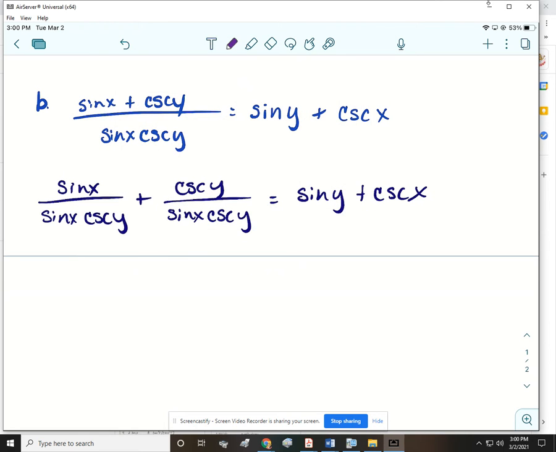Okay, now within each fraction, there is no addition or subtraction. So I can just reduce that by sine of x, and the other one by cosecant of y. And then don't forget, when everything cancels out of the numerator, you're left with a 1.